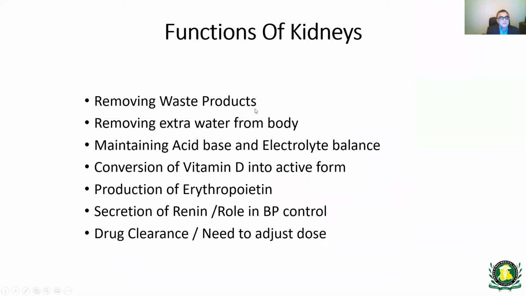Now, functions of the kidneys are removal of waste products, removing extra water from the body, maintaining acid base and electrolyte balance, and conversion of vitamin D into active form. So from sunlight, we get ultraviolet light, which converts 7-dehydrocholesterol to cholecalciferol, which is vitamin D3, which is not the active form.